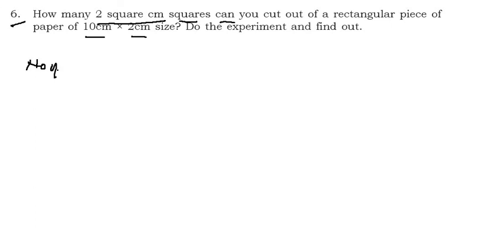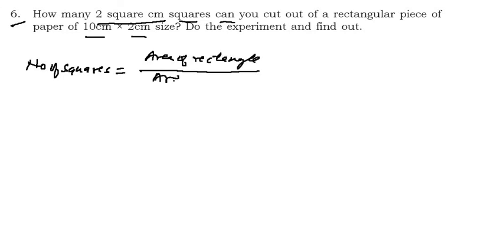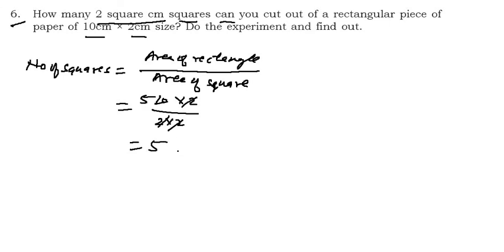Number of squares is area of rectangle upon area of square. Area of rectangle is length into breadth, 10 into 2 centimeter. And area of square is 2 into 2. So 2 1s are 2 and 2 5s are 10. So we will get 5 squares. That one is your answer.